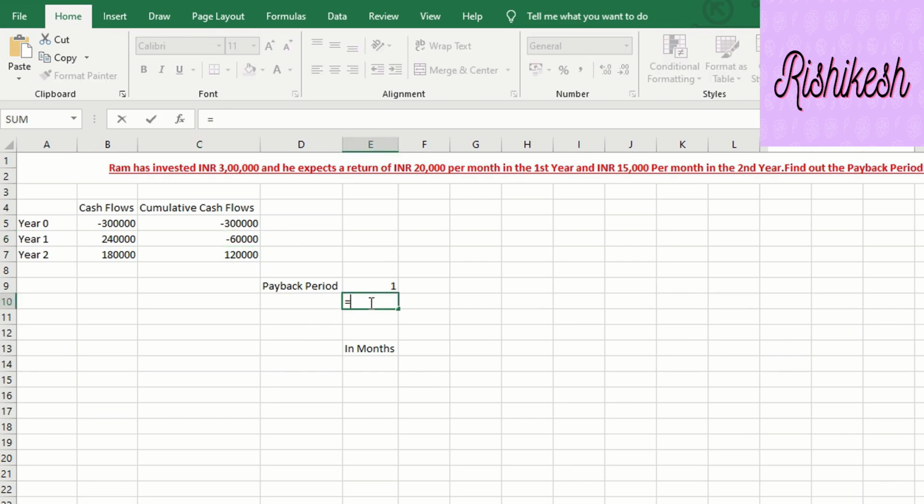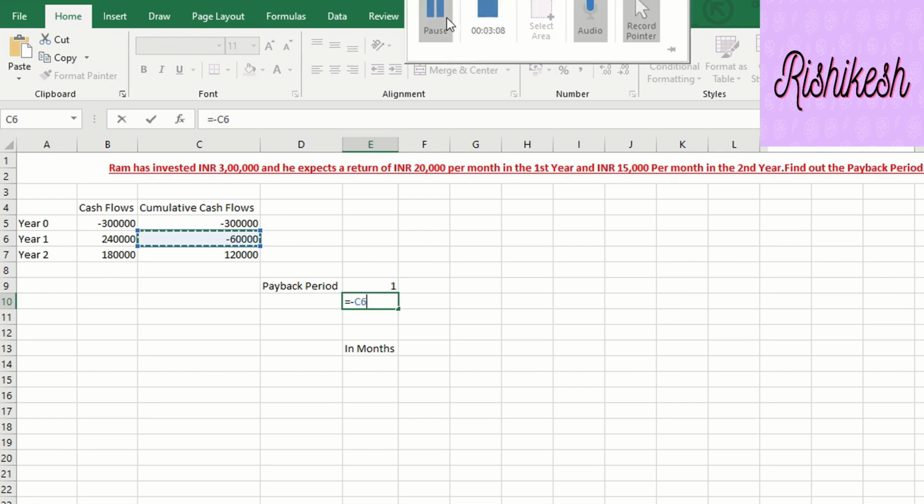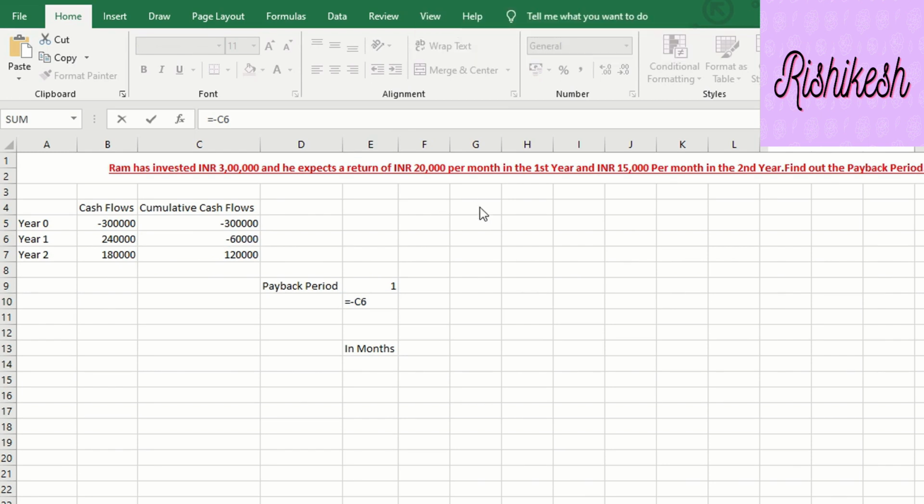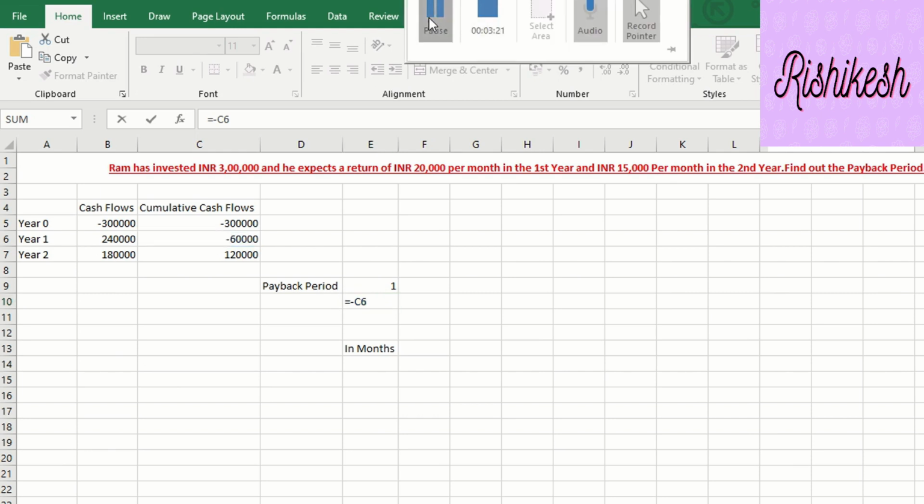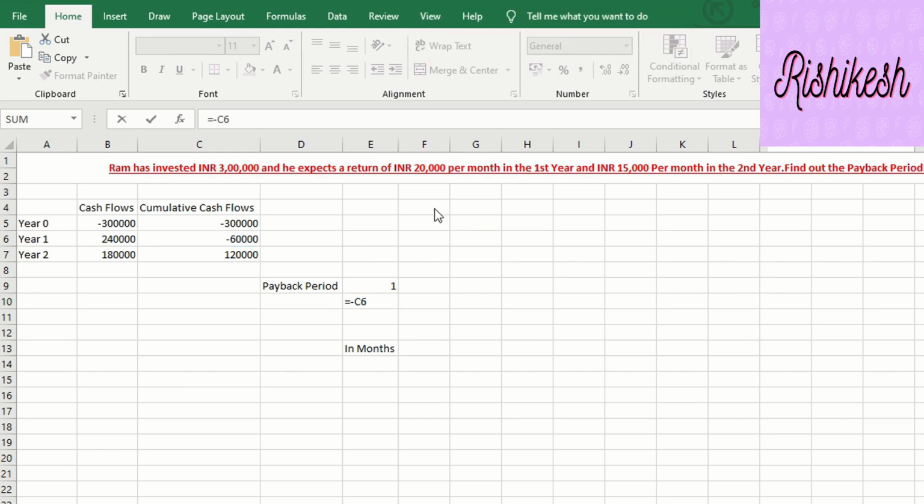So it can be calculated as minus of this 60,000 cash outflow that has to be compensated, and in the second year, you're generating 1,80,000.